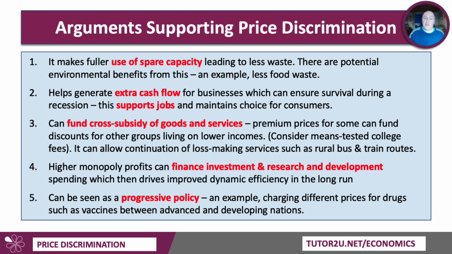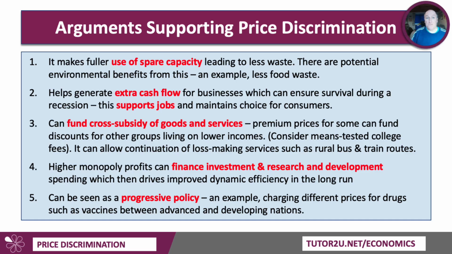So means-tested college fees, for example, charging overseas students full whack for university degrees might allow you to charge less for domestic students, or allow you to fund some bursaries. And cross-subsidy can allow continuation of loss-making services such as rural bus services, rural train services, and so on. Profit can have a purpose.